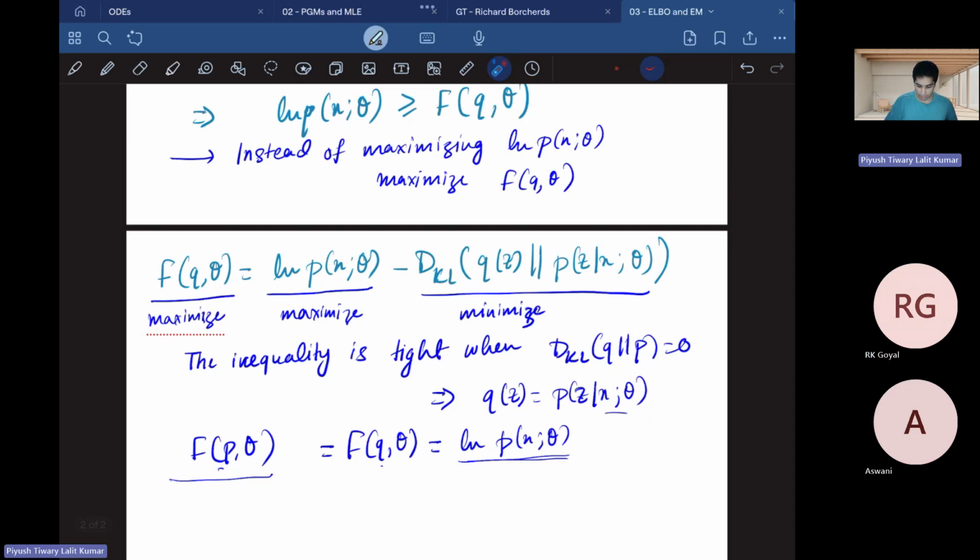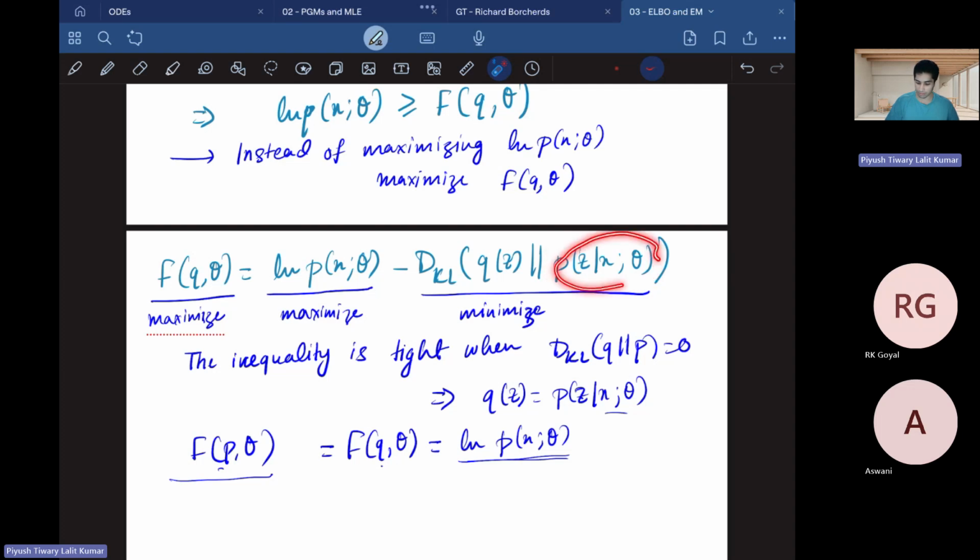Yeah, we will talk about that. In fact, this is one point where these things fail. This is why EM fails. Many times, in simple cases, you will be able to find out what this P of Z given X is. But the main problem with the EM algorithm is that in complex scenarios, this distribution is something that we won't be able to evaluate at all.